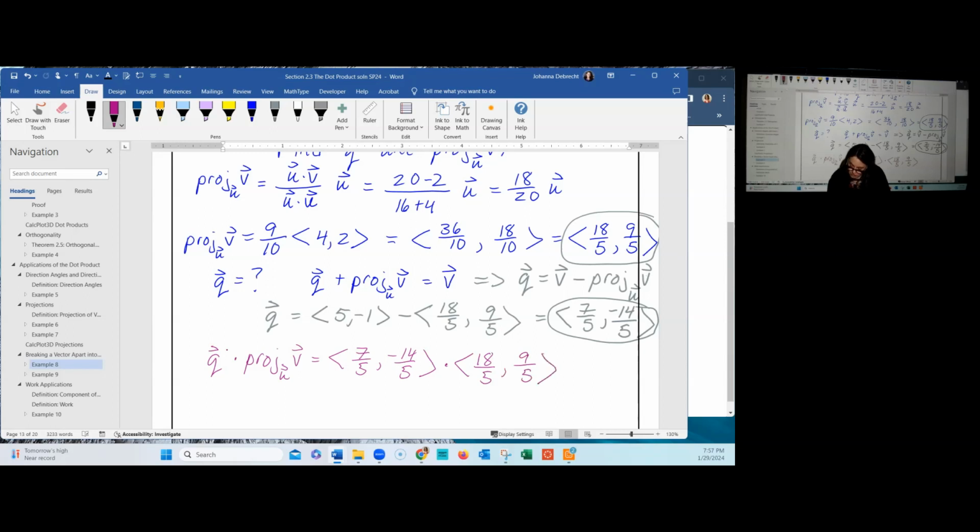Now you could factor the 1/5 out of the 2 and then not deal with the 1/5, but this is fine. So 7 times 18 turns out to be 126. So this gives me 126/25. And it turns out that 14 times 9 is also 126. And the denominator is 25. And that gives me 0, which proves that they are perpendicular or orthogonal to each other.